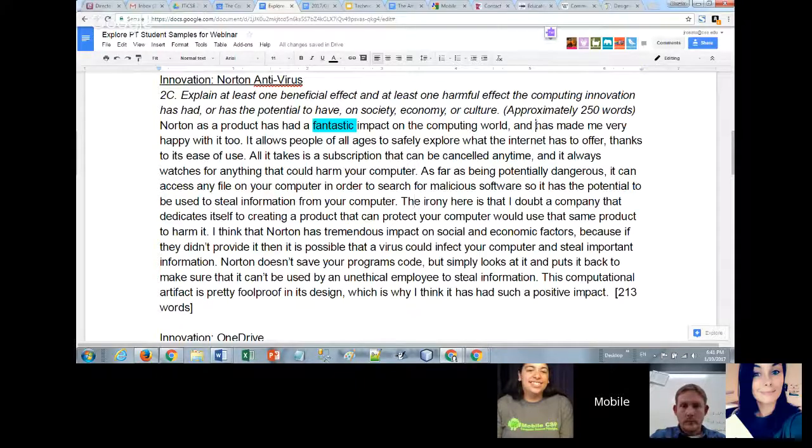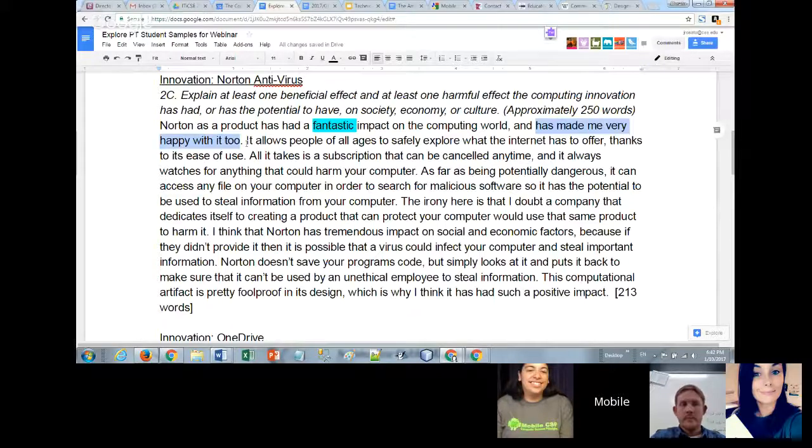Mm-hmm. And I think these are vague things, right? It has made me very happy with it too. Yeah. It doesn't say why you're happy with it, like that this saves me money because I do not have to pay to have my computer cleaned every time it gets infected by a virus.